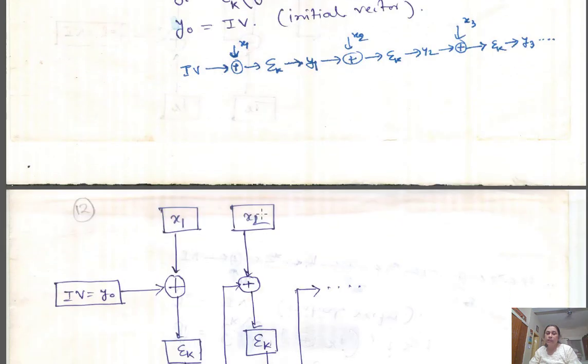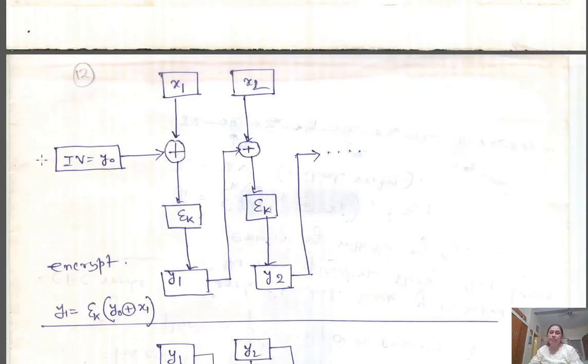If you just see the picture, this block x1 is XORed, passes through the encryption box, suppose DES, using the key, and it produces the ciphertext. We have to remember this ciphertext because it is used in the next iteration, processing the next block. So if you use different modes of operation, it uses memory.